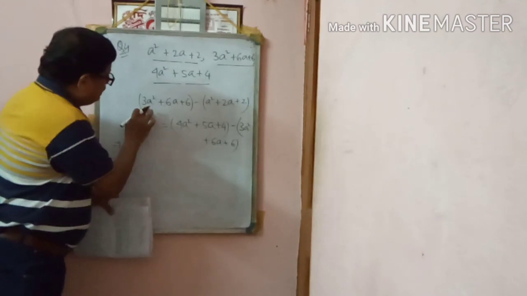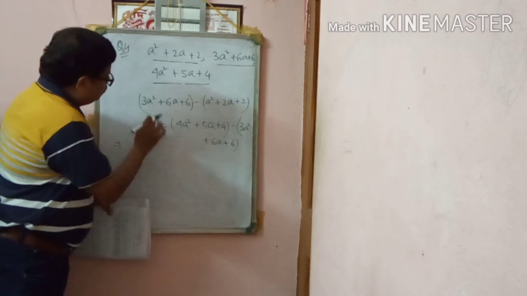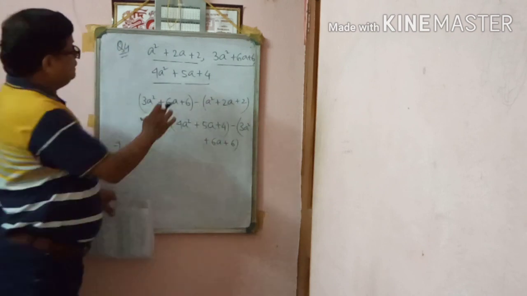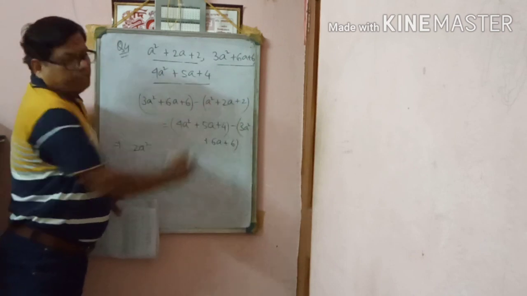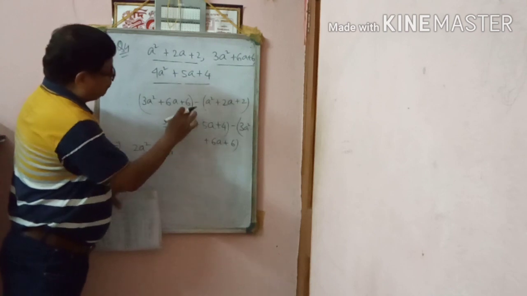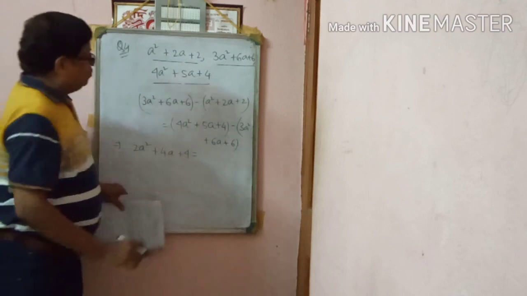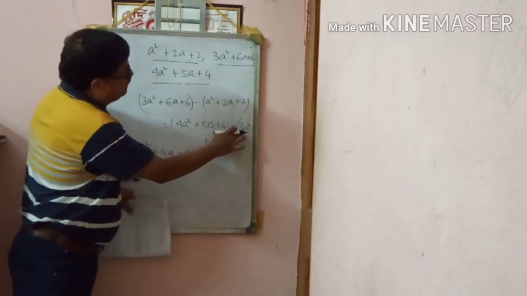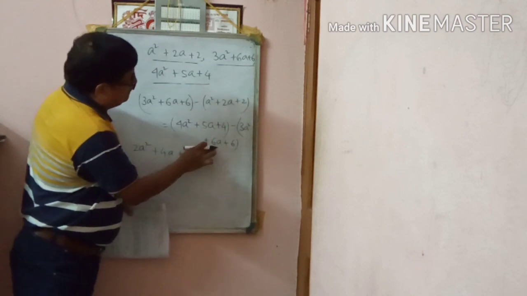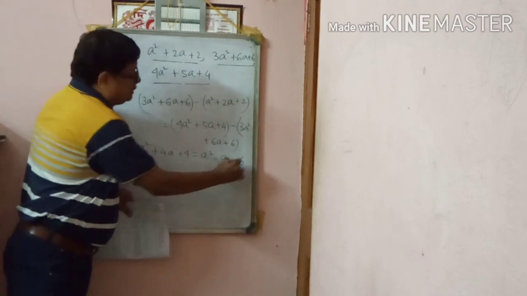See, 3a square minus a square, this is 2a square. 6a minus 2a will be 4a, right? 4a plus 6 minus 2 plus 4 equal to 4a square minus 3a square, this is a square, 5a minus 6a, that is minus a, and here minus 6.